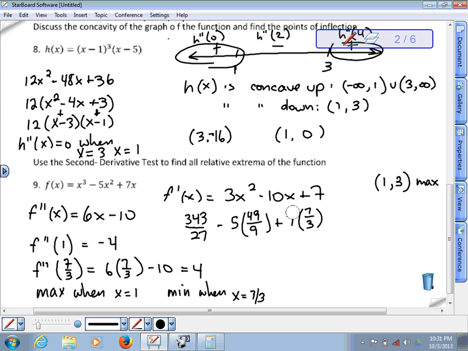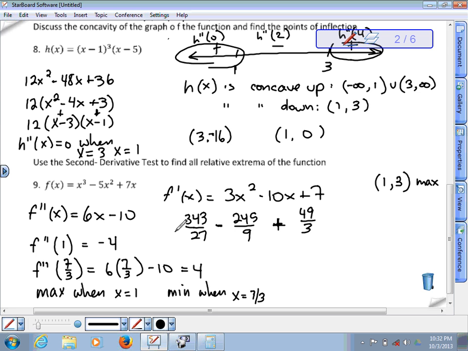So simplifying this, we get 49/3. 5 times 49, let's see, 5 times 50 minus 1, this is 250 minus 5, so that's 245 ninths. This is minus 245 ninths.